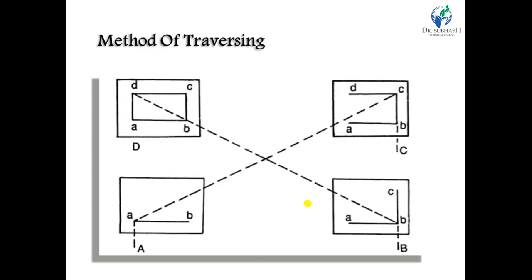After drawing line BC, we move to our next station C, place our plane table at station C and orient it with respect to the CB line, and next we draw the line CD by sighting the object using the LED.